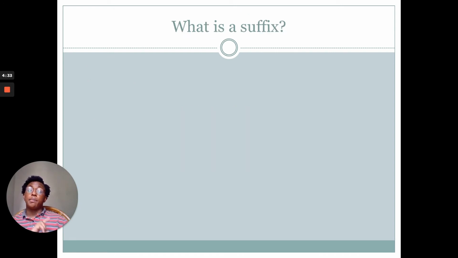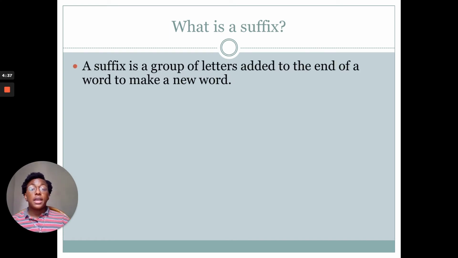Now let's talk about suffixes. So a suffix is a group of letters that's added to the end of a word to make a new word. So everybody repeat after me and say suffix. At the end of a word. Suffix. At the end of a word.